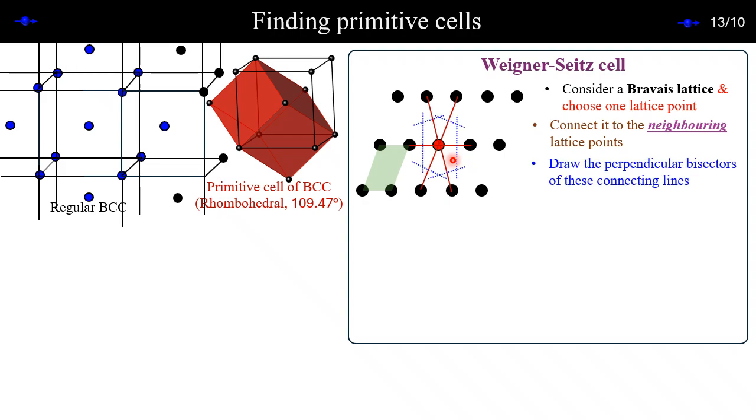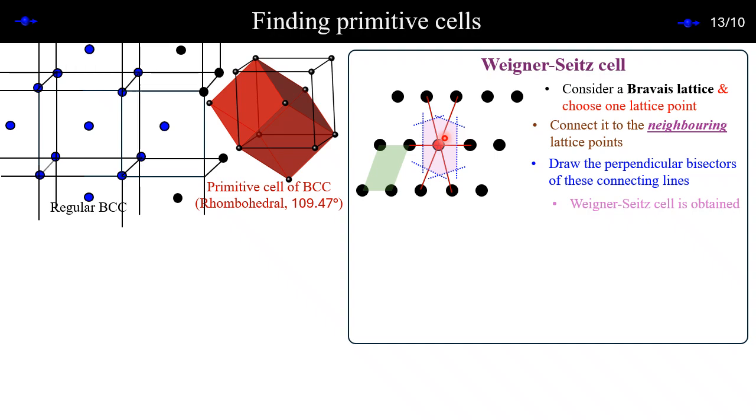Fine, very easy. Then you draw perpendicular bisectors here. Simple. And now you are getting this 2D surface. Yes, that is the Wigner-Seitz cell, and this turns out to be the primitive cell. The proof is beyond the scope of this class, but this works. Did you understand it?